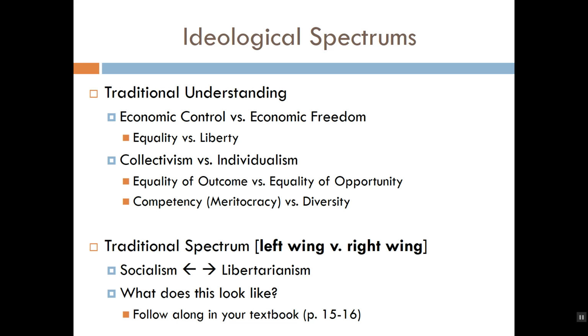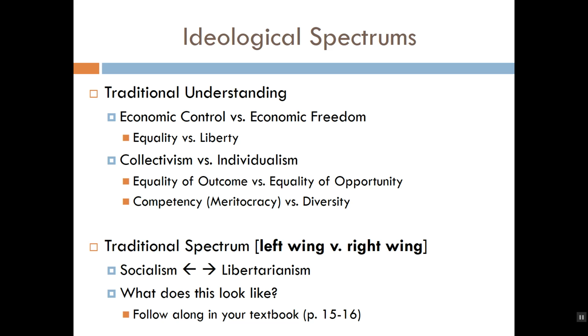On the very far left, we have ideologies that support a great deal of government control over the economy and people's financial behaviors, decisions, or interactions. On the right wing, we have a very small degree of government control and a much higher degree of individual autonomy or personal freedom when it comes to things like how you spend your money or run your business.